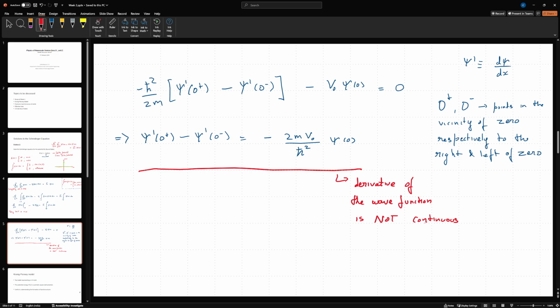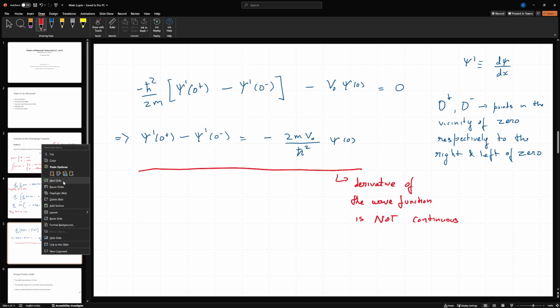If you remember last week when I was talking about the different properties of the wave function, when it came to the derivative of the wave function, I said it is a condition that is frequently dropped. So this is one example where we can explicitly see that for this equation to have a meaningful solution, this condition has to hold. However, we have not come any closer to solving the Schrodinger equation for this potential. But as you are going to see, the actual solution is not that complicated.